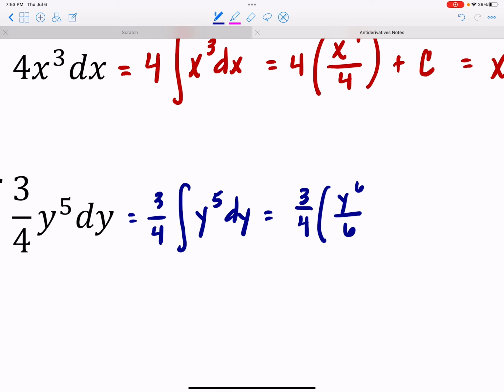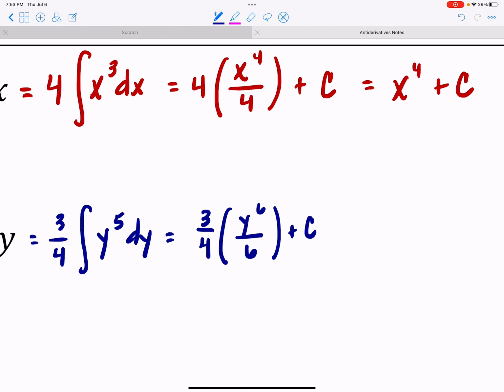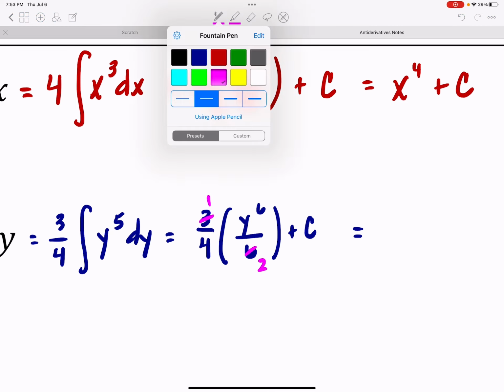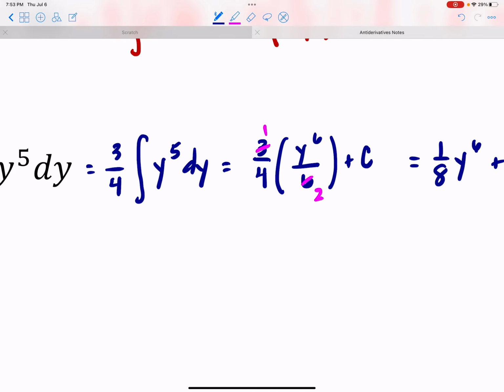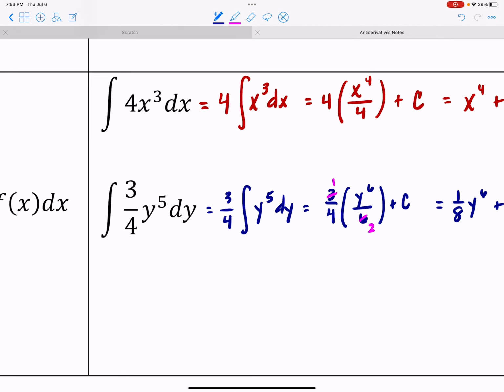So add 1 to the exponent, divide by that new exponent, and then a plus c. And again, this one can be simplified a little. We can reduce here. 3 goes in there once and in there twice. So our coefficient is going to become 1/8. So we have 1/8 y to the 6th plus c. All right.